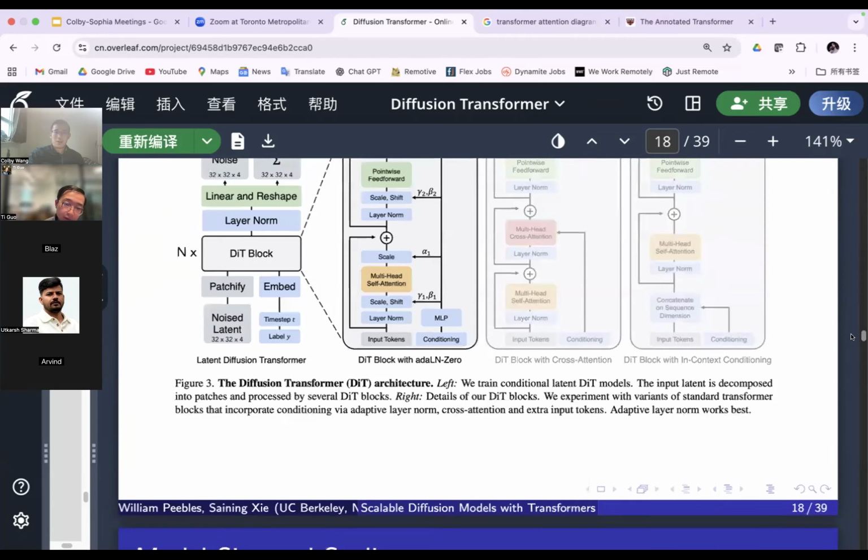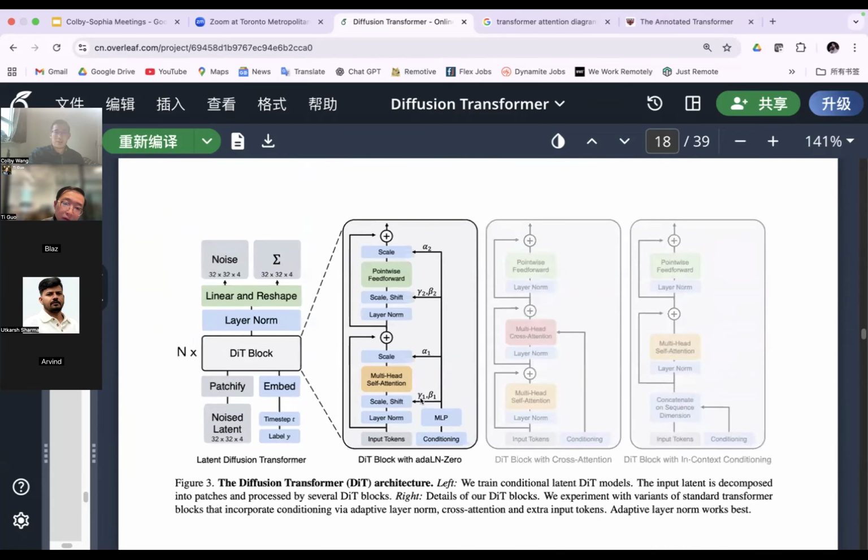So that's the scale and shift stuff. After we do the scale and shift, we do the multi-head attention. Imagine we have a bunch of tokens, and the other tokens will try to pass some information to the tokens. And now they have another one, the scale operation here, another alpha one.